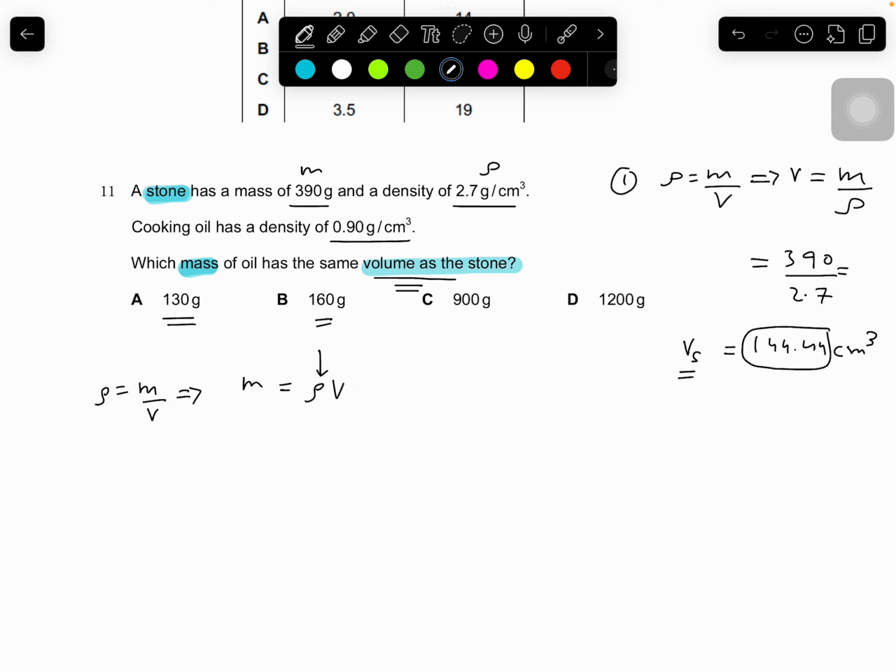Your density is 0.9, and the volume is 144.44. That is going to be 130. So yes, part A, fortunately, is correct. We didn't have to test all of them. You just find the volume of the stone and plug it into your formula and you'll get the mass that you need for the oil to be.